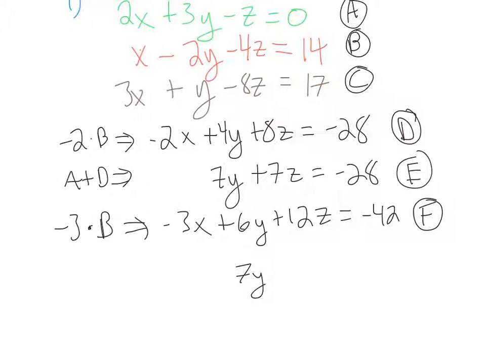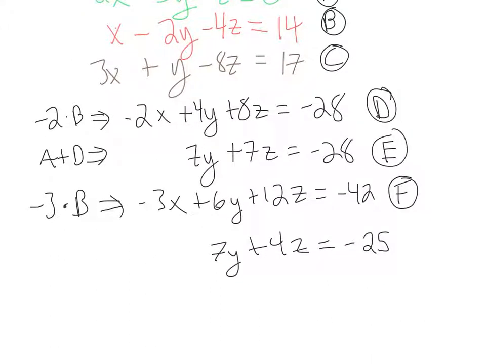Okay, and then a -8z plus 12z gets you a plus 4z. Okay, and then -17 minus 42 is equal to negative, what is that, 25. Awesome. I'll call that equation G.